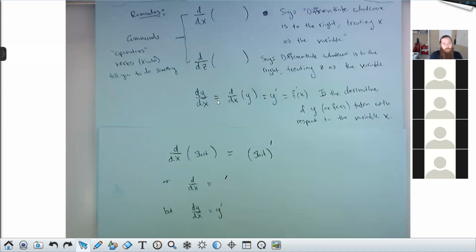Namely, it makes the chain rule look nice. It also makes some other rules look nice. And there are some very important fields of mathematics where the objects dy and dx are important on their own. They're called differential forms. But we're not going to even touch that stuff.